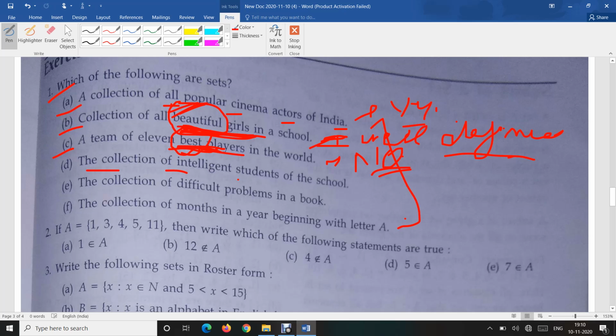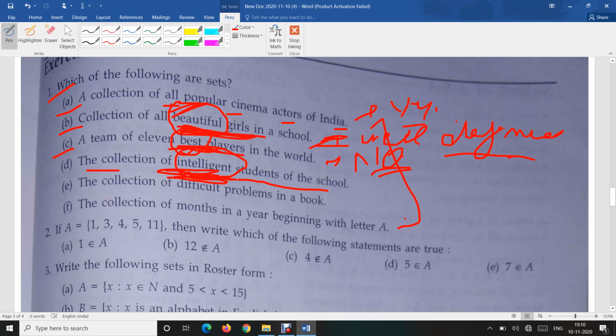The collection of intelligent students in a school: again it has the term intelligent. It is not necessary that if a person is intelligent in a class, then they will be the intelligent person for the whole school. Also, it is not necessary that a person who is intelligent according to one teacher is the same for another teacher, or in the case of students also.